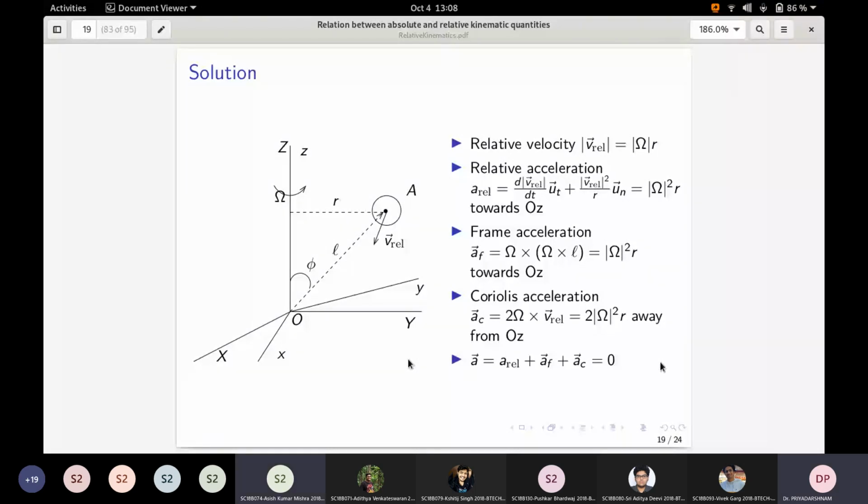Sir, out of all these accelerations, which one of these will the accelerometer detect, sir? It will depend. What are you measuring?